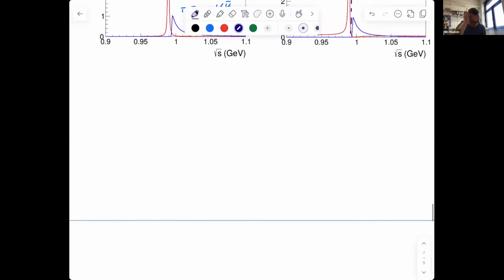Okay, so before we go to one more theoretical detail, let me give you the common general parameterization that people use for K-matrix analyses.